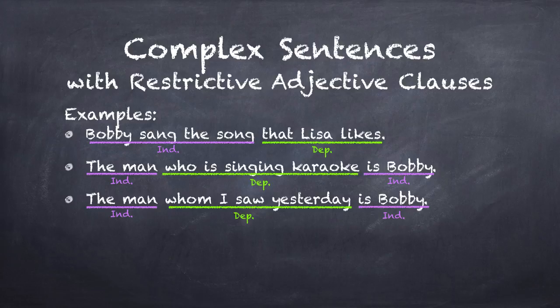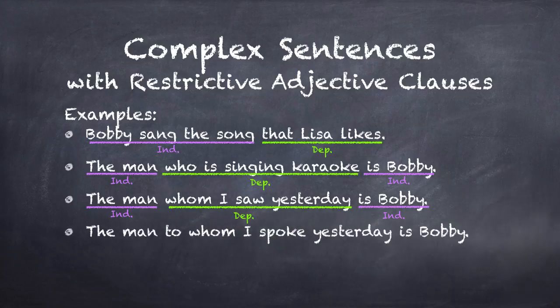I is the subject. One easy way to determine whether you need who or whom is whether it's followed by a subject. If you have a subject after the relative pronoun, most likely you're going to need whom and not who.